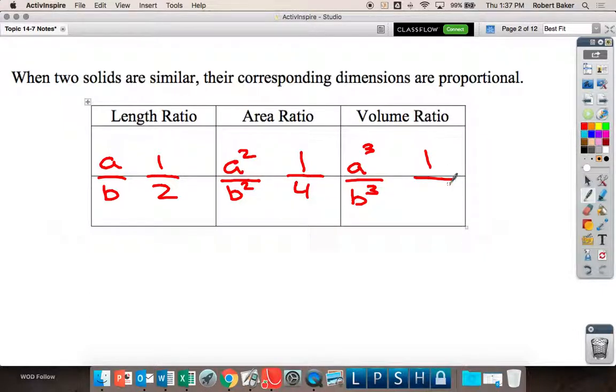And then 2 to the third power, or 2 times 2 times 2, is 8. So you can kind of see, as we get farther and farther into the dimensional analysis, the numbers get bigger and bigger and bigger. So these are the 3 things that you need today, and nothing else beyond this. We're going to be working forwards to get volume, or we're going to be working backwards to get a scale factor. Nothing super crazy.